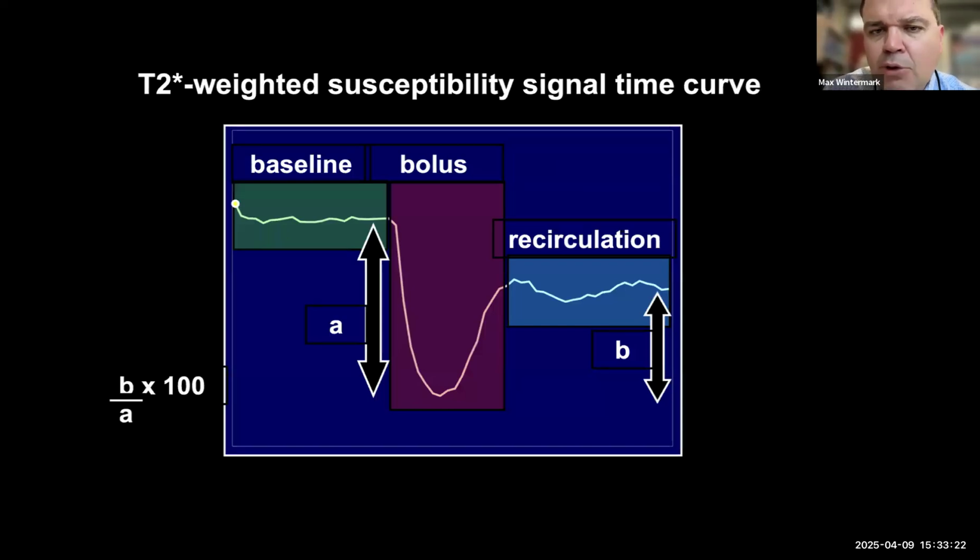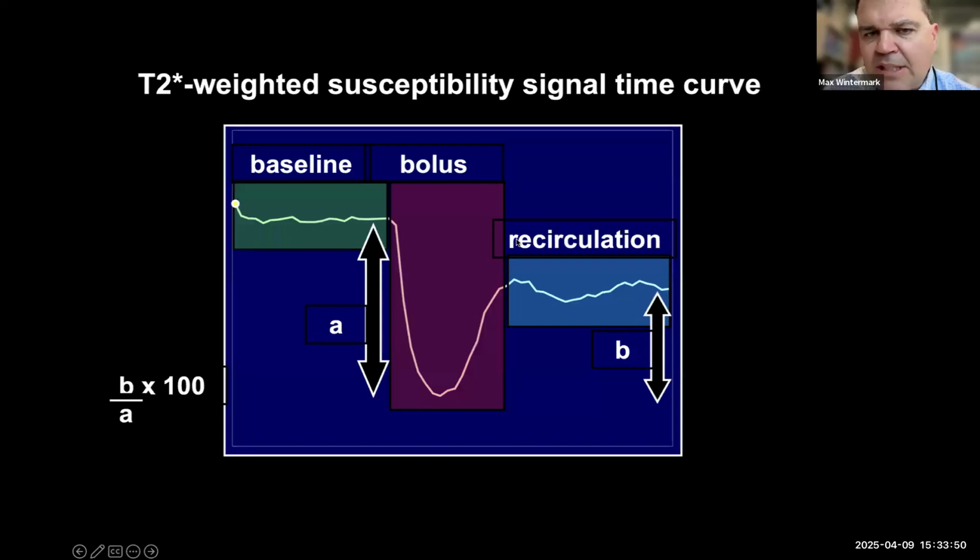But the gadolinium contrast also has a different effect on T2 and T2 star weighted images. When you have the first pass transit of a bolus of gadolinium contrast, you actually have a decrease in signal when the contrast washes in. And then after that, the signal recovers, at least partially, to its baseline level.